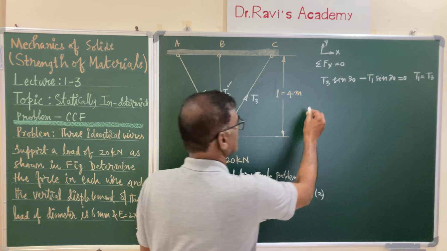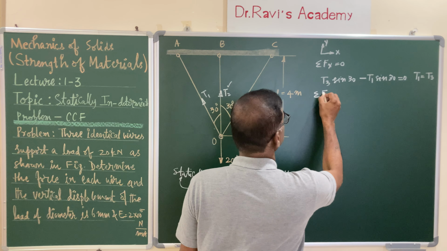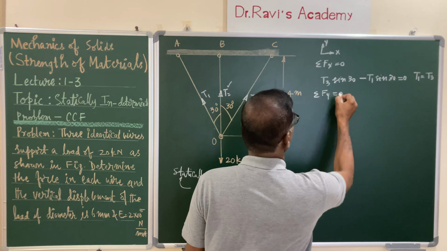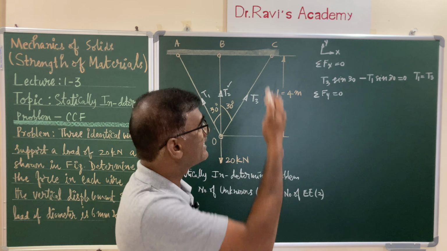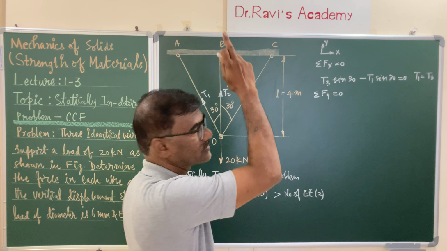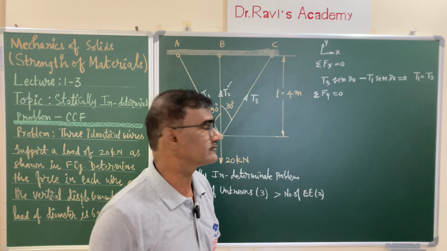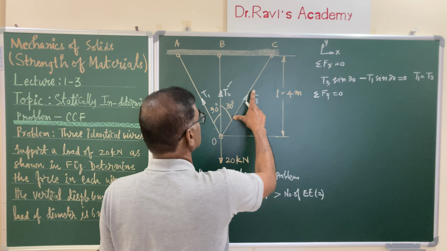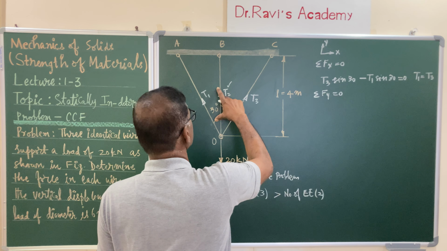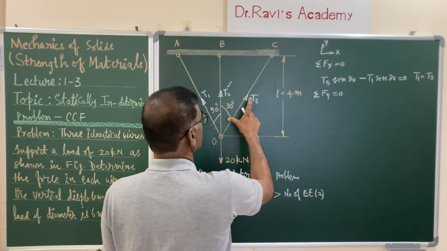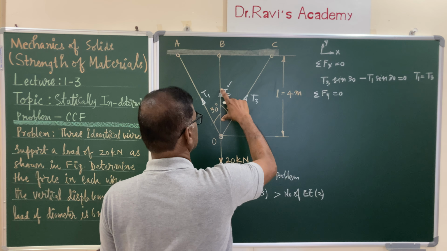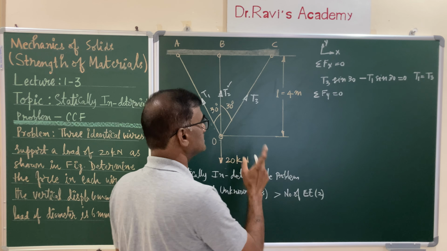Now let us write down sigma fy is equal to 0, sum of all the forces along the y direction, pointing upwards positive, pointing downwards negative. So this equation is T1 cos 30 plus T2 plus T3 cos 30 minus 20 is equal to 0.